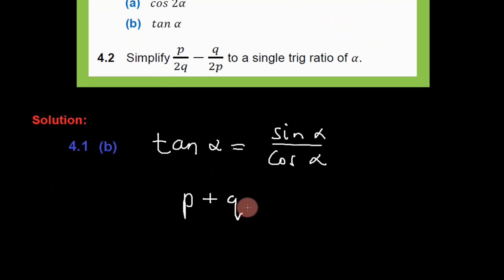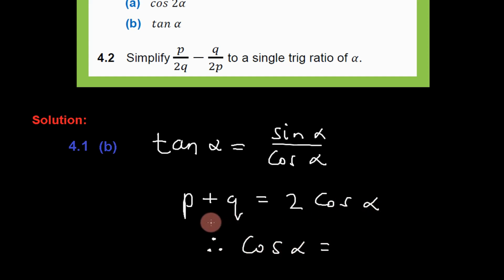So P plus Q gives twice the cos of alpha. Now we make cos alpha the subject of the formula. So cos alpha will be P plus Q over 2. So we can replace cos alpha here with P plus Q over 2.